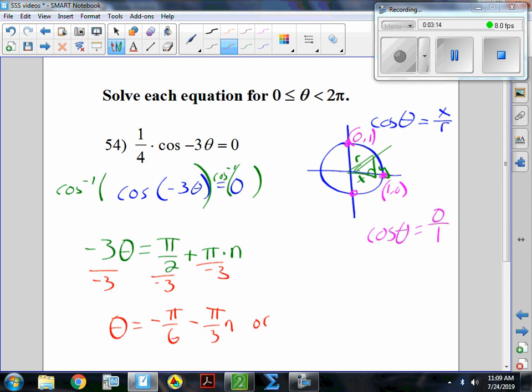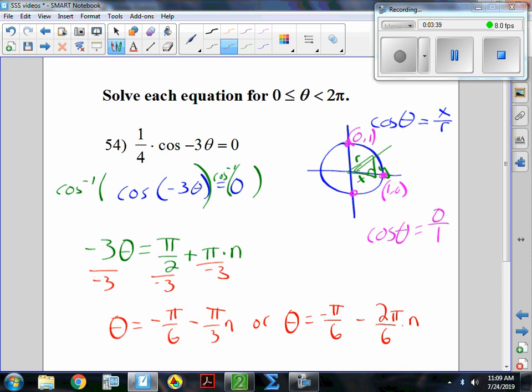Or, that's the general solution. Theta will equal negative pi over 6 minus 2 pi over 6 times n. I like to keep the second part of that expression in the same denominator as the first part. It makes it easier when I need to come up with all the answers.